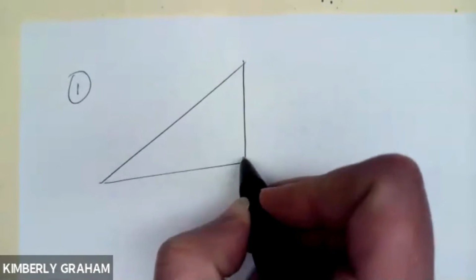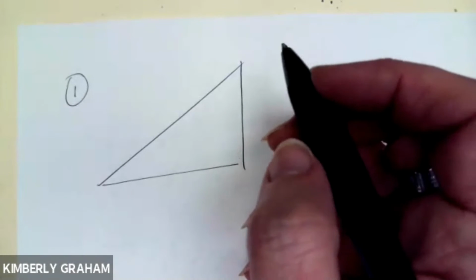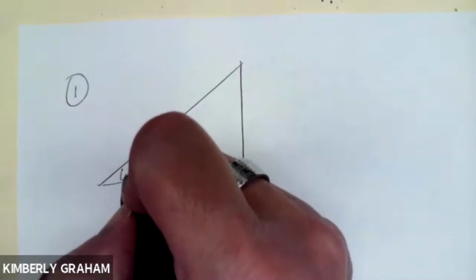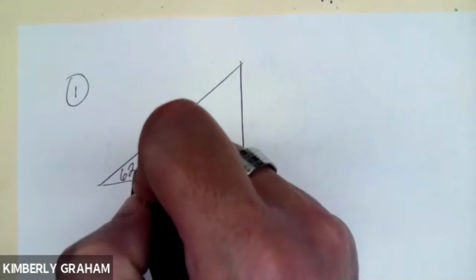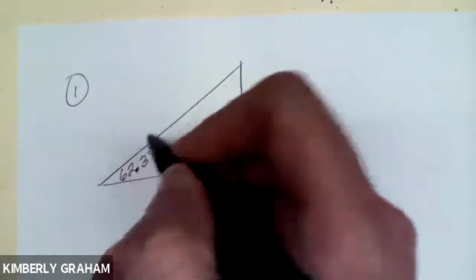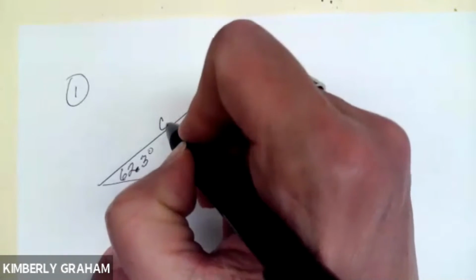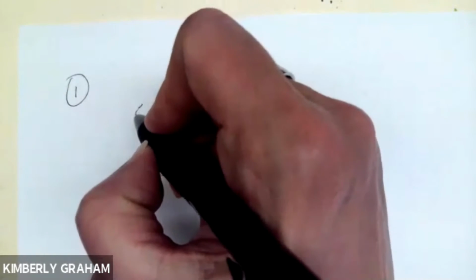Right triangle, and I am told that this angle is 62.3 degrees, and I am told that this length c is 51.